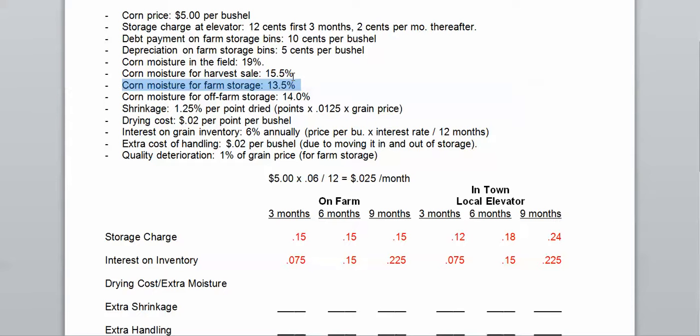If we sell this corn, we dry it to 15.5%. So that's 2 points of extra moisture that we're going to dry. If our drying cost is 2 cents per point of moisture, 2 cents times 2 points equals 4 cents.